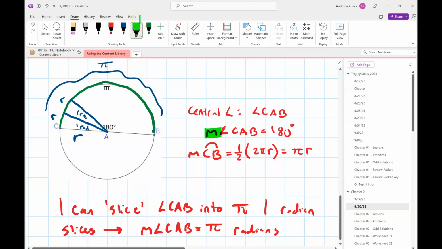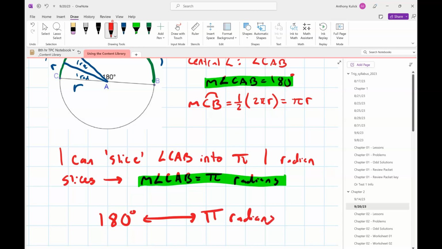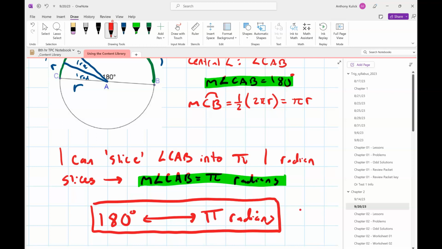So CAB is 180 degrees, and it's also pi radians. There's my conversion factor. Is that pi radians is 180 degrees, or 180 degrees is pi radians. That's my conversion factor. That's what I was looking for.